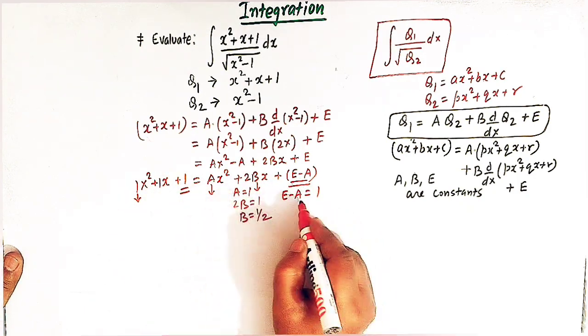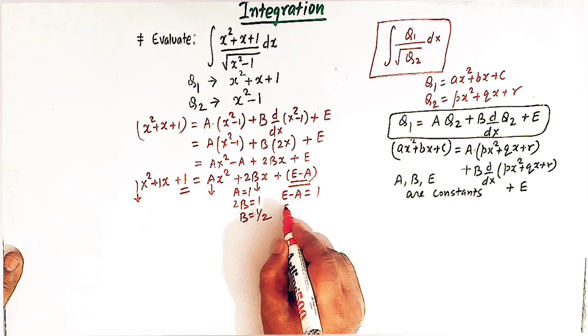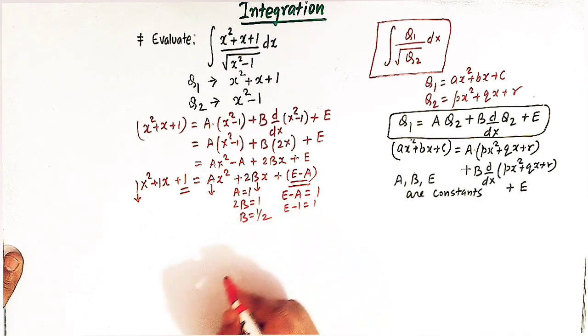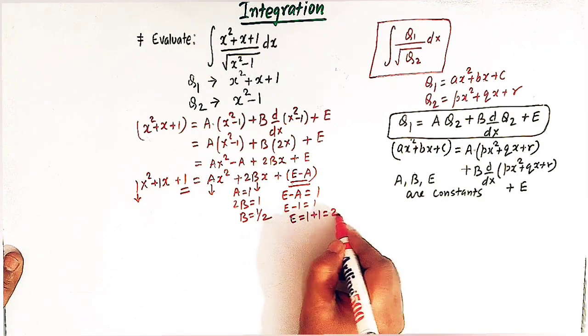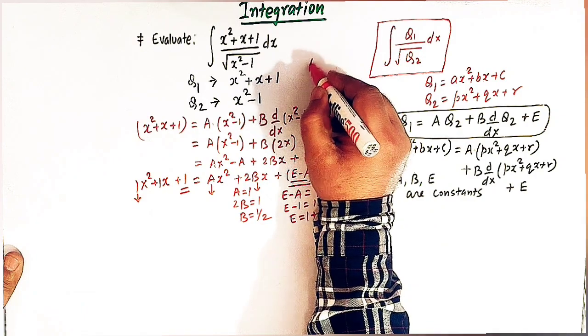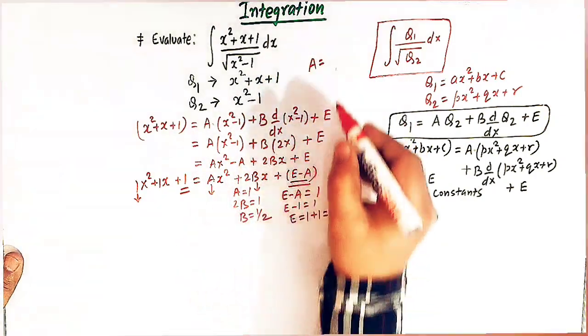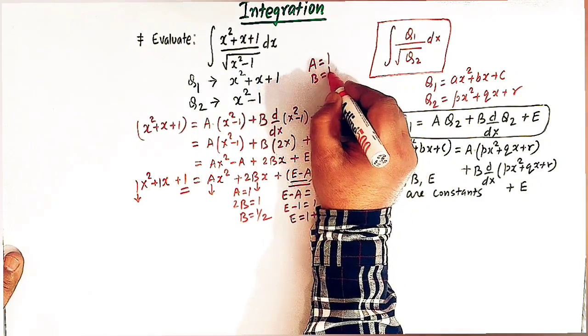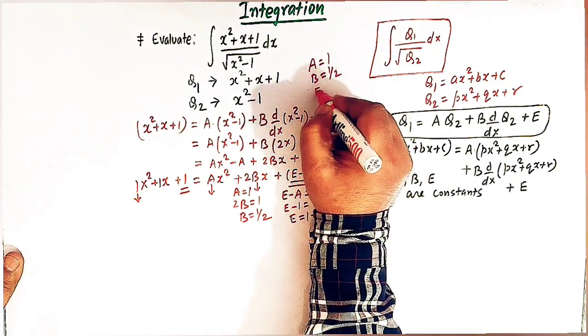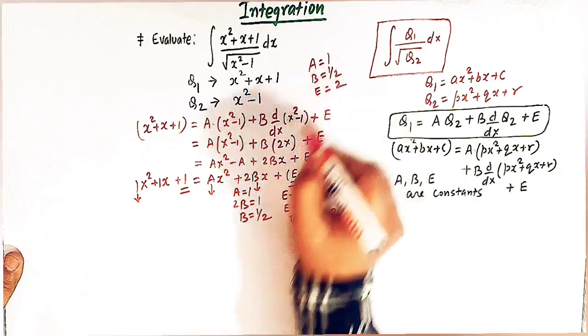Now taking a is equal to 1 in this equation, we have e minus 1 is equal to 1. So e is 1 plus 1, that is 2, right? So finally, we have obtained the value of a as 1, the value of b as half, and the value of e as 2, right?